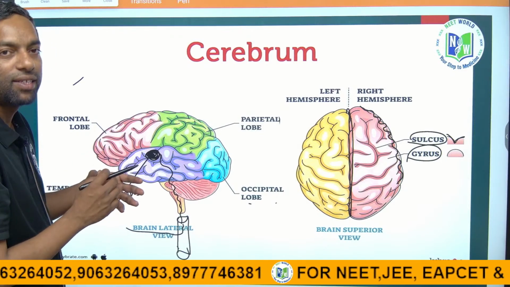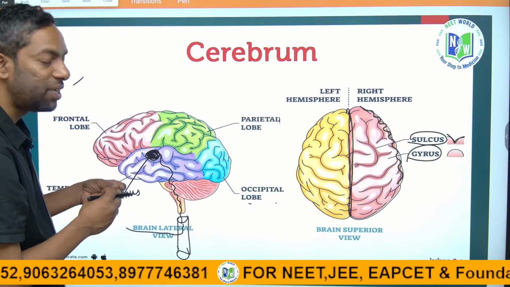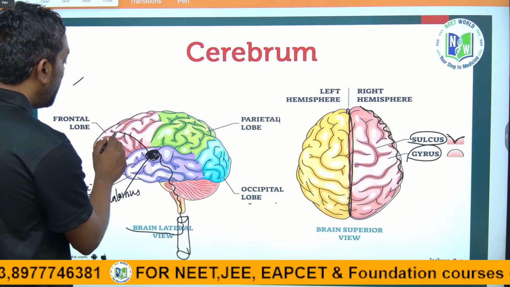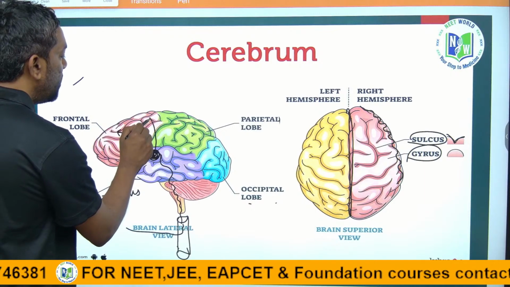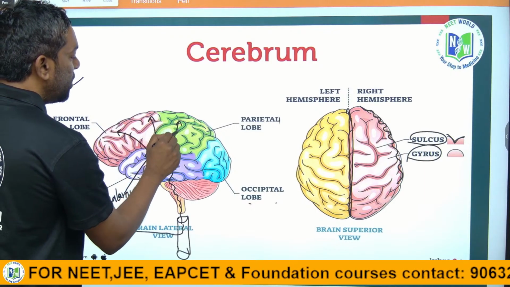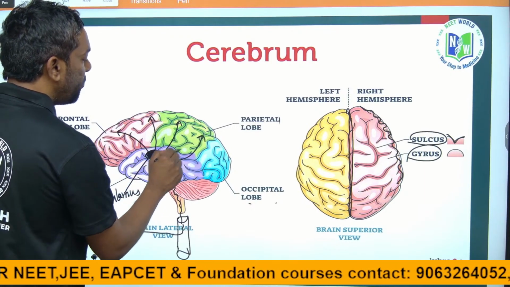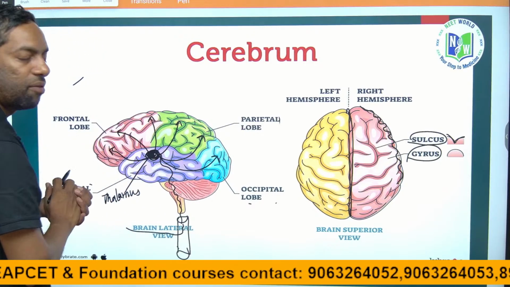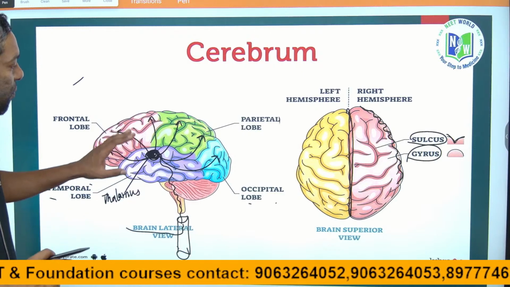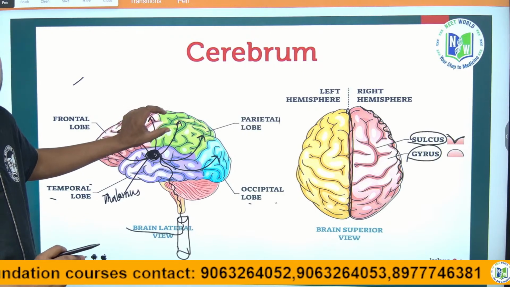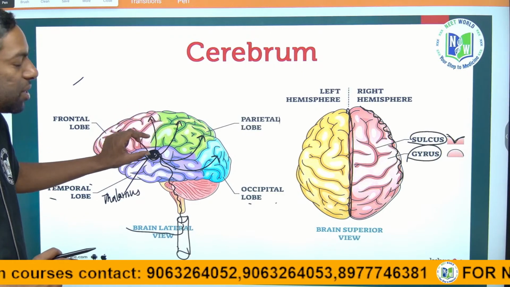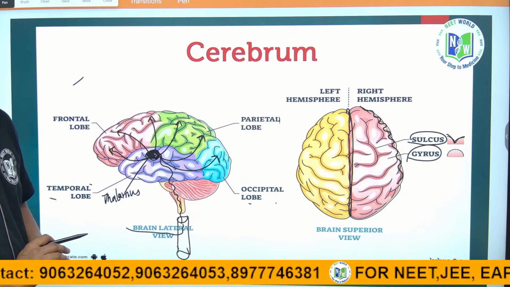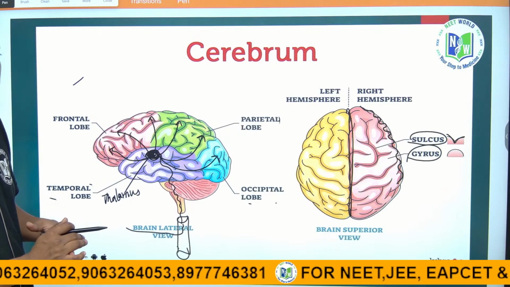It can analyze the information from the sensory neuron. It can give the signal to different parts of the cerebral hemisphere, the cerebral cortex, according to their function. The thalamus can analyze and decide which part to send it to.